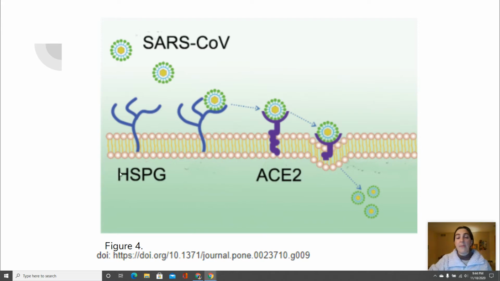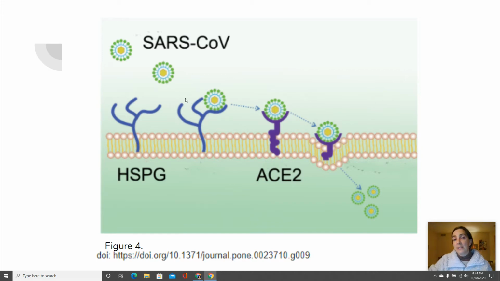In this diagram, this HSPG is that carbohydrate that was being discussed in that article. And the ACE2 is the protein receptor. So this is a protein attached to a carbohydrate that is necessary. The SARS-CoV-2 is the virus that causes COVID-19.